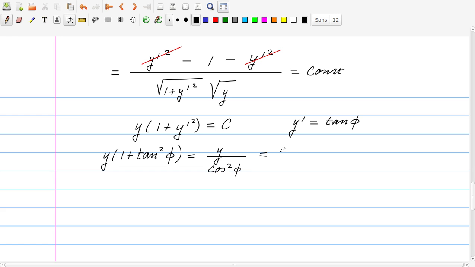So that is constant. So we see that y is c times the cosine squared of phi. And by using a simple goniometric formula, we can also write this in the form 1/2 plus 1/2 cosine 2 phi.